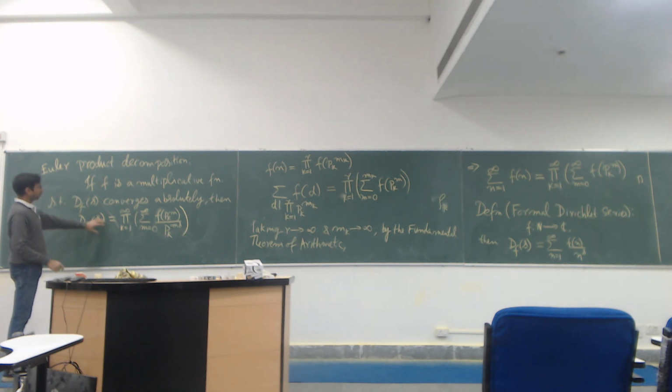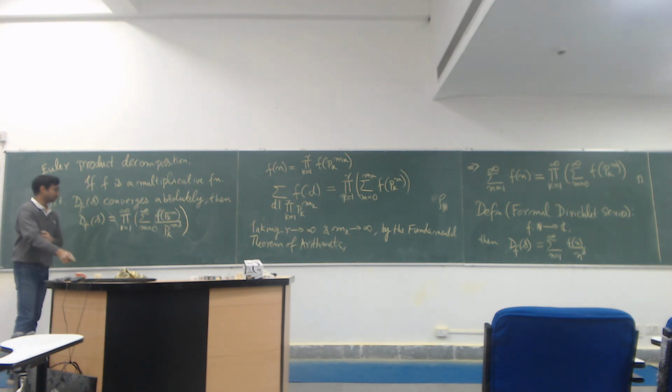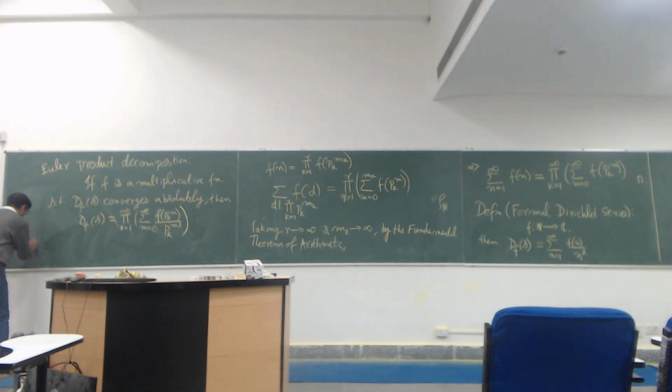So this is called the Euler decomposition of the Dirichlet series associated with f. If it needs to be multiplicative for this, you can do something.